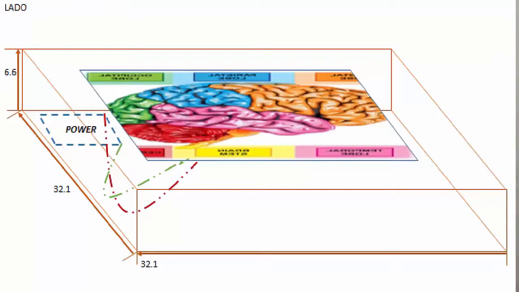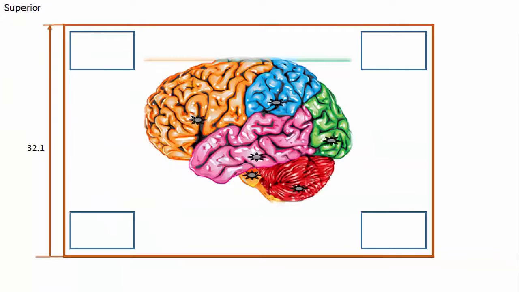Our work is also a representation of the brain because the box is a brain and has the illustration of it in front. Also, the box has buttons and lights.